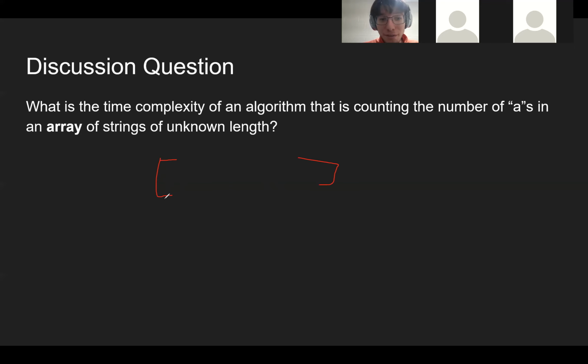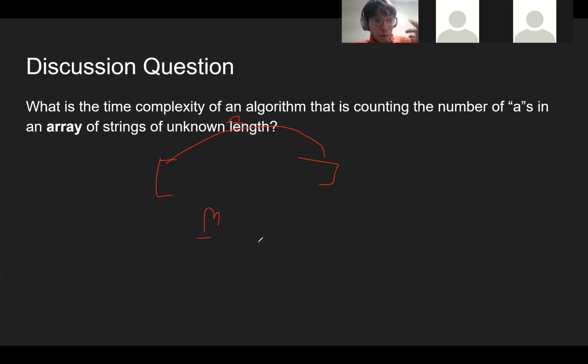If we had an array that has, let's say, n strings, and we don't know the length of any string, but let's just say that the longest string length is m. So maybe I have a really long string length, I don't know how long it is, let's just say it's m. And I also have n strings.